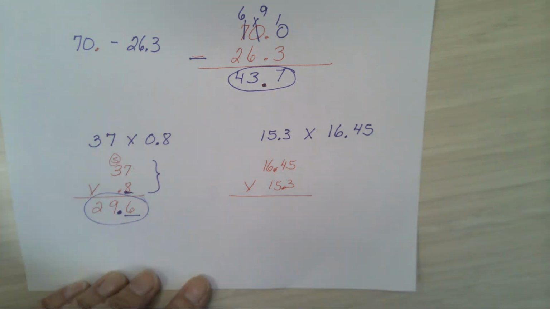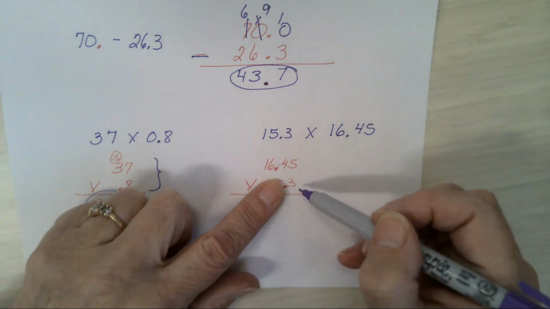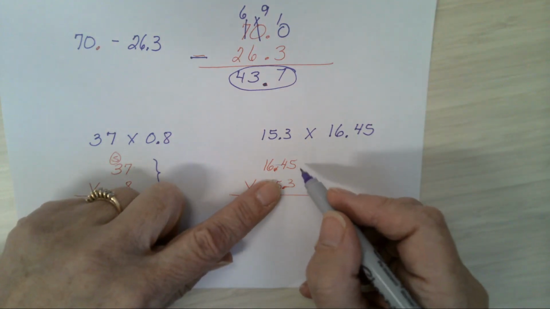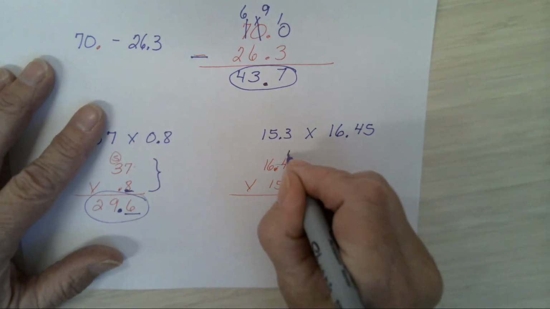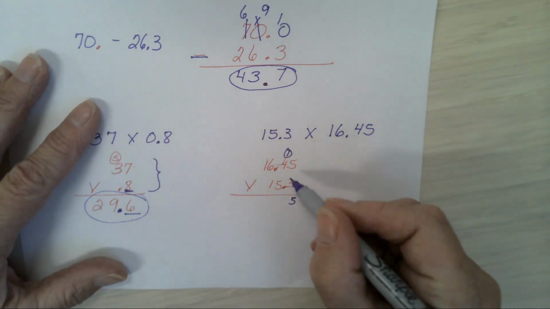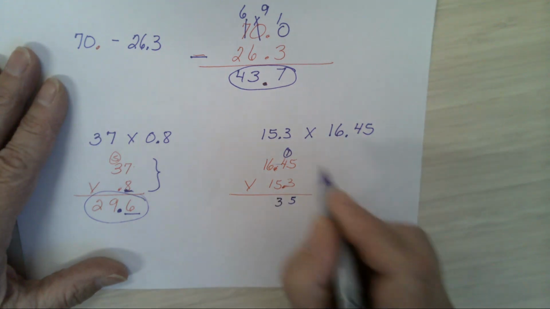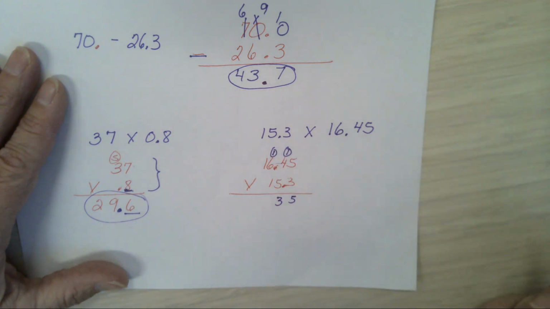Now, you're going to multiply as if they're not there. You're going to start with the 3 and you're going to multiply this number times 3. But you start at the end and here it's the hundredths place. 3 times 5 is 15. Put down a 5, carry a 1. 3 times 4 is 12. Plus 1 is 13. Put down a 3, carry a 1. 3 times 6 is 24.